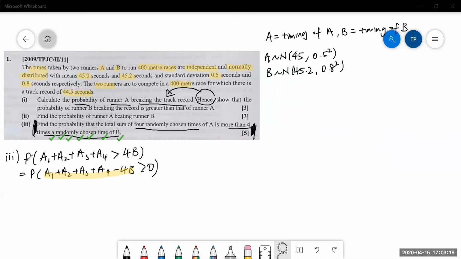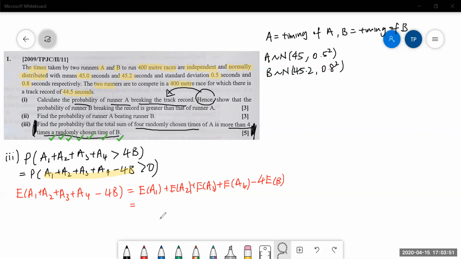I need to find the expectation of A1 plus A2 plus A3 plus A4 minus 4B, which is equivalent to expectation of A1 plus expectation of A2 plus expectation of A3 plus expectation of A4 minus 4 expectation of B. Can you calculate that for me?